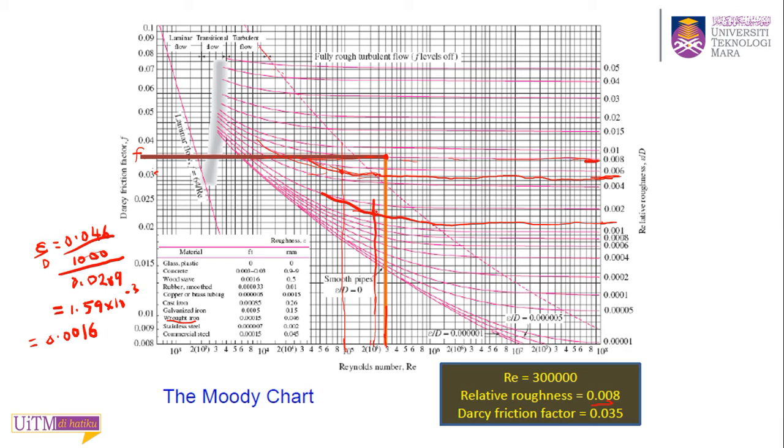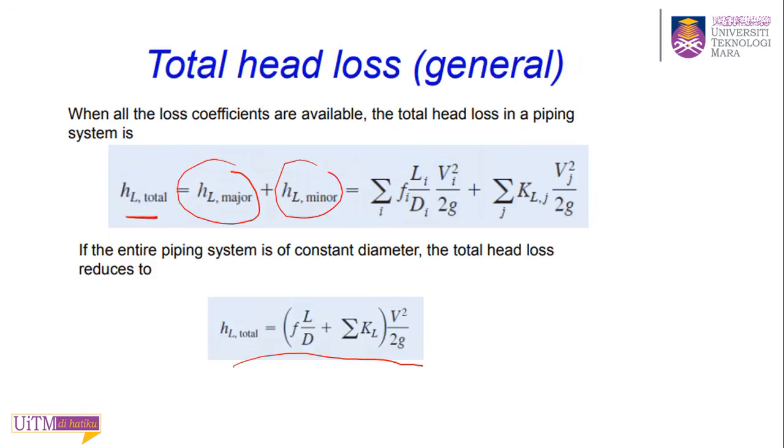Go to the left from this intersection, and you will get your friction factor somewhere about 0.02. What value do you get? 0.023. Okay, go back to your calculation.